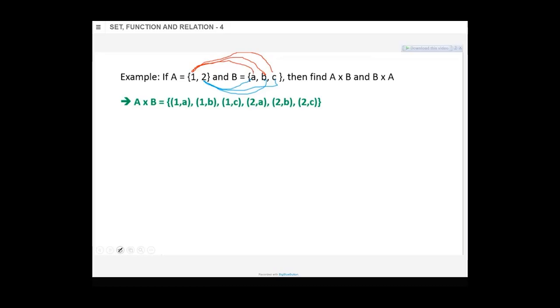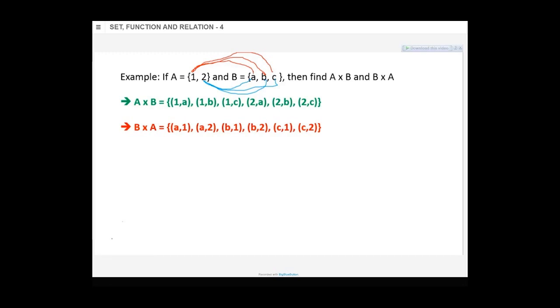How did you get 6 elements? n of A. A में कितने elements हैं? Set A में how many elements are there? A cross B नहीं पूछ रहा हूं, सिर्फ set A 2 and set B में कितने हैं? 3 है. दोनों का multiplication 2 × 3 = 6, मिला कहां से आपको?